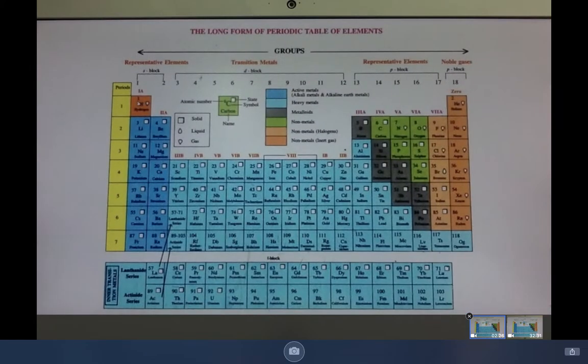Going back to period number 1, in period number 1 you find element hydrogen having atomic number 1. Then there's a lot of empty space which is not visible out here, but I have given you, if you notice, the IUPAC version of the modern periodic table.